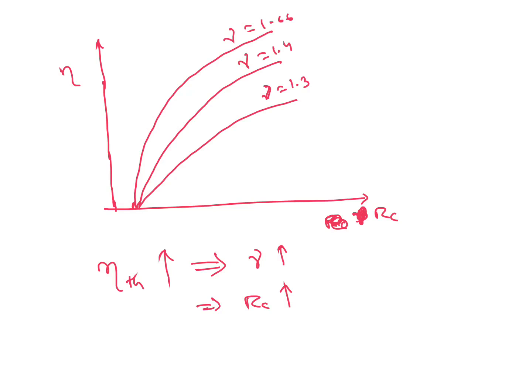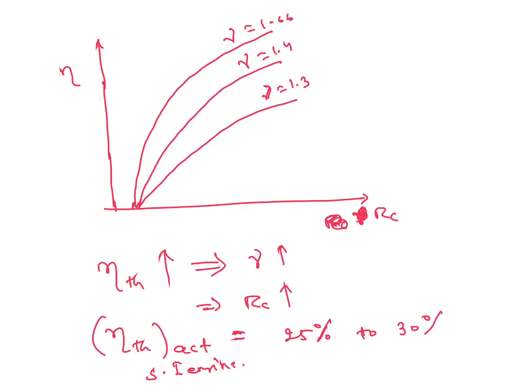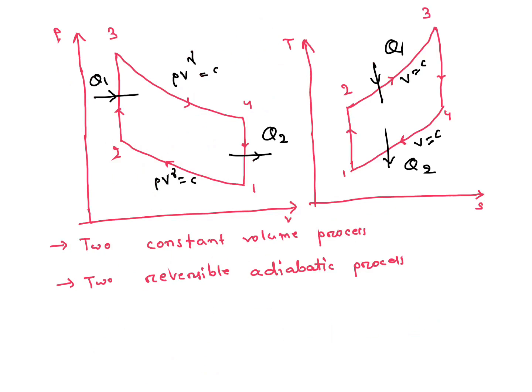Sometimes they also ask the actual value of Otto cycle or petrol cycle efficiency, the SI engine, spark ignition engine. It is in between 25% to 30%. This is the actual value for a spark ignition engine. This graph is also very important from an objective point of view.